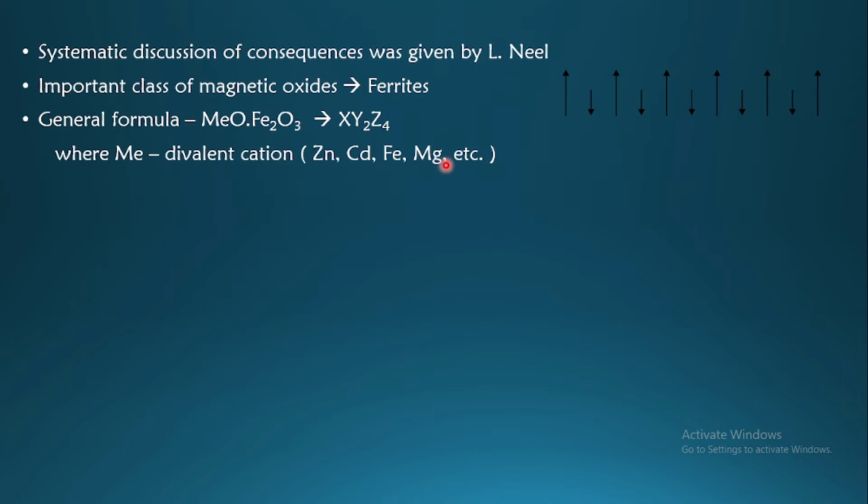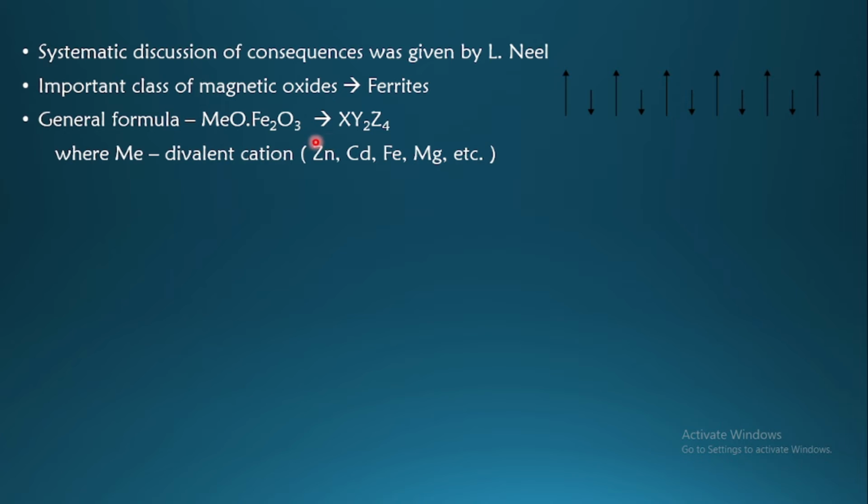Any kind of divalent cation can be placed in place of this Me, that is the metal. It can be even iron or anything of this kind. So in general we can write it as MeOFe2O3. Fe2O3 is generally common in case of ferrites.